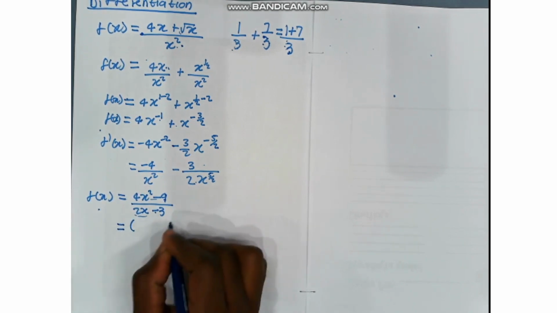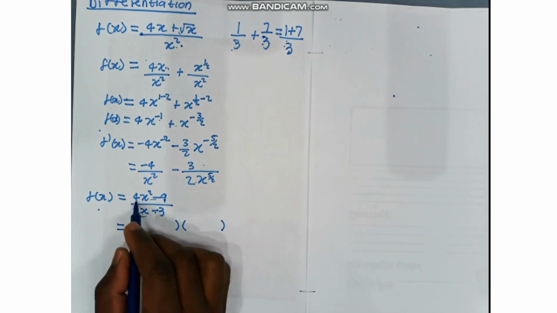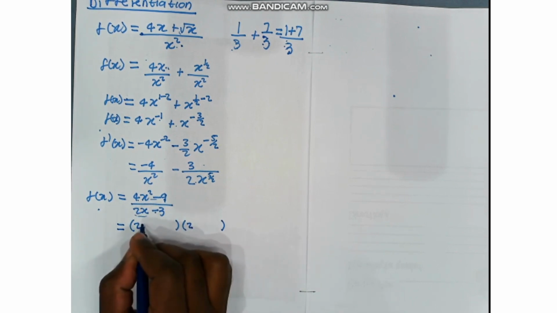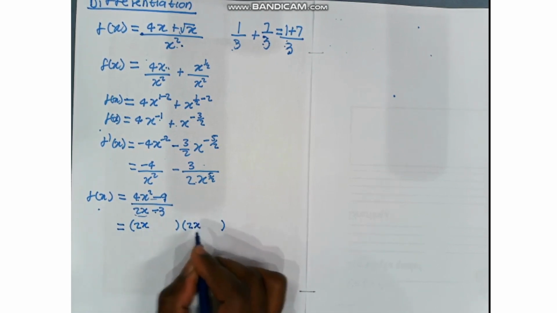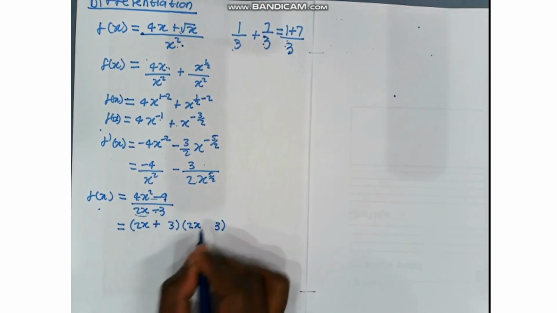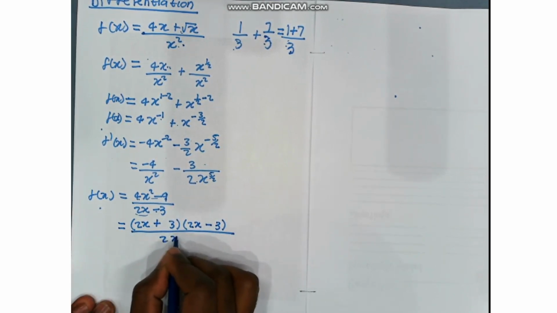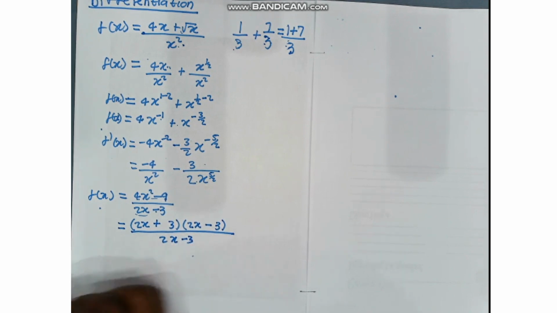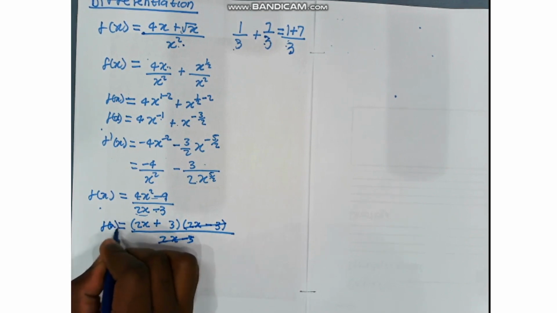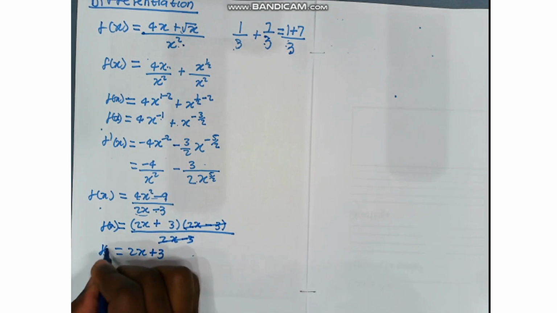So factorizing this, open two brackets, square root of 4 is just 2, and 2, square root of x squared is x and x, square root of 9 is 3 and 3, and then positive, negative, all over 2x minus 3, and then this cancels this, and then we are left with 2x plus 3. This is just our f at x.